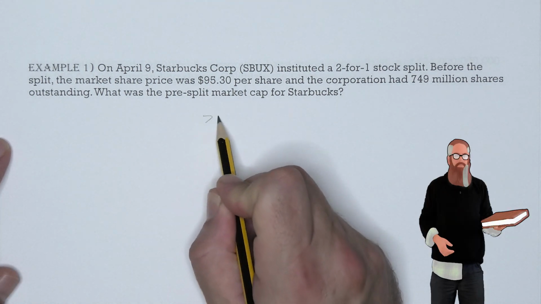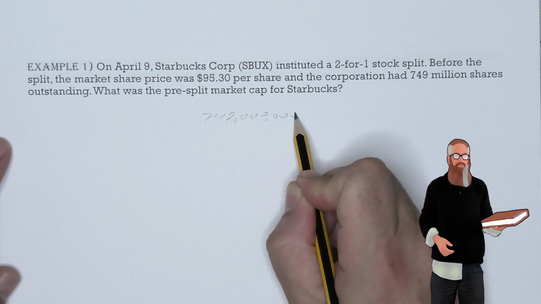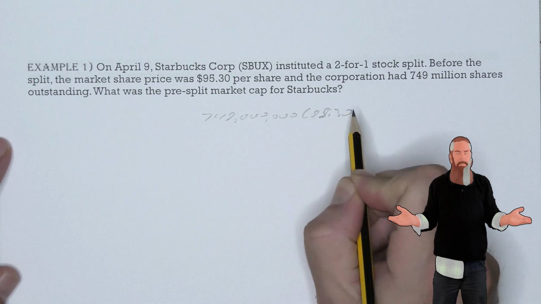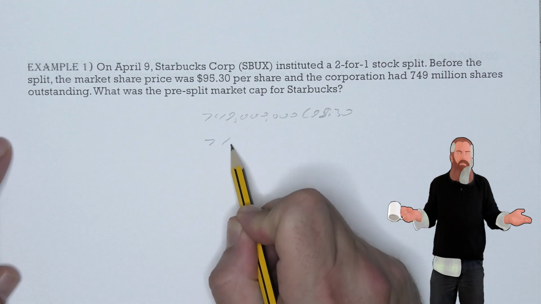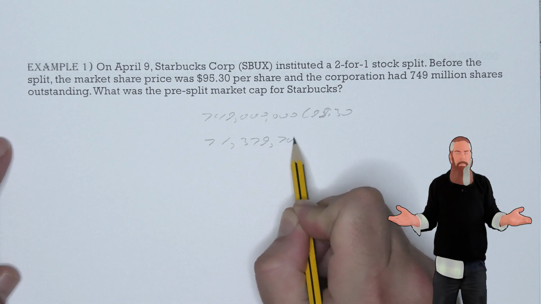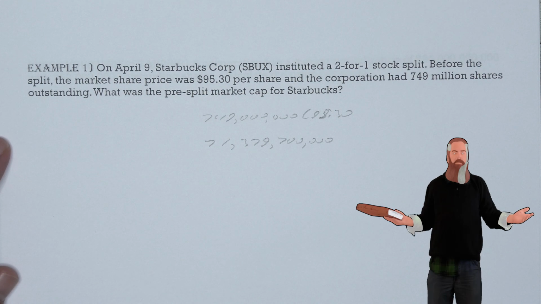So if we have 749 million, we can multiply that by $95.30 to get $71,379,700,000. That's the pre-split market cap.